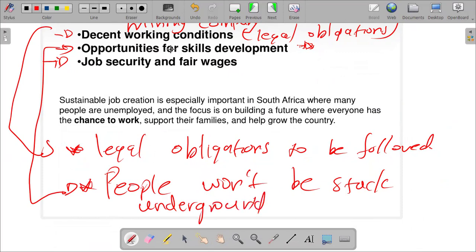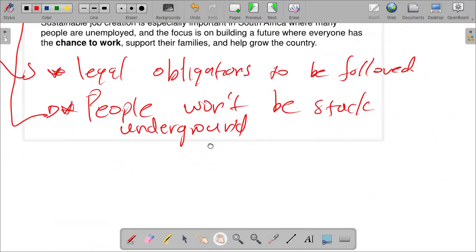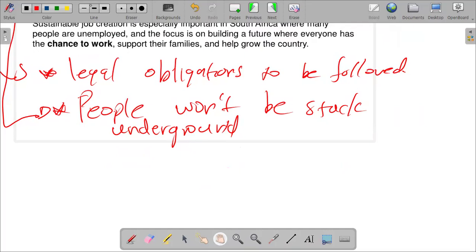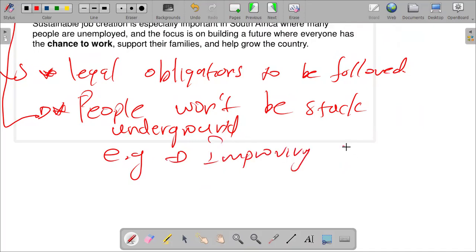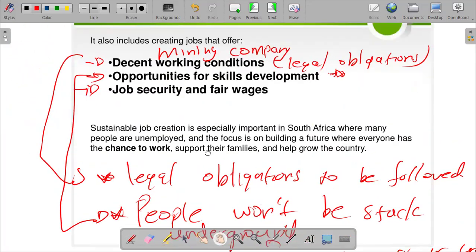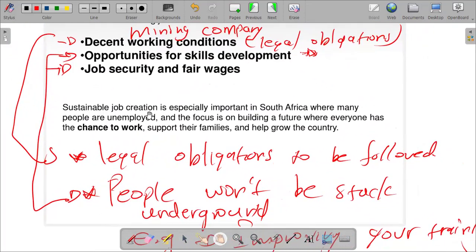So if you want to go to training to improve your skills to become a manager of a mine, it will be available at your disposal. So a mining company will offer such opportunities. Number three, job security and fair wages.